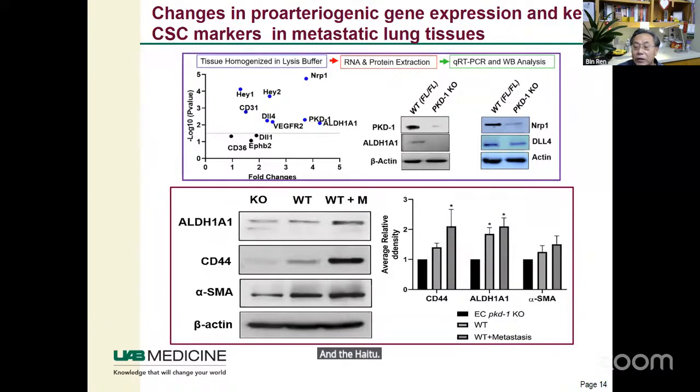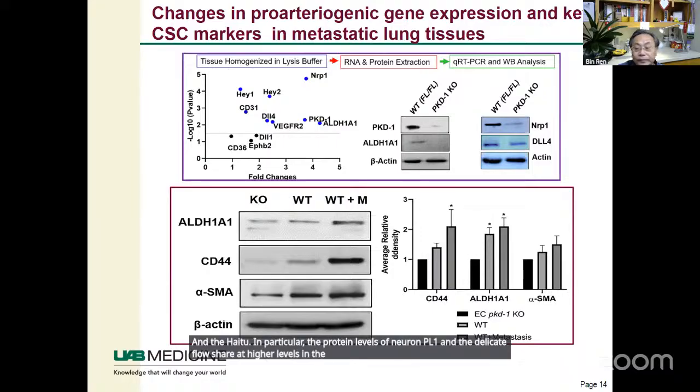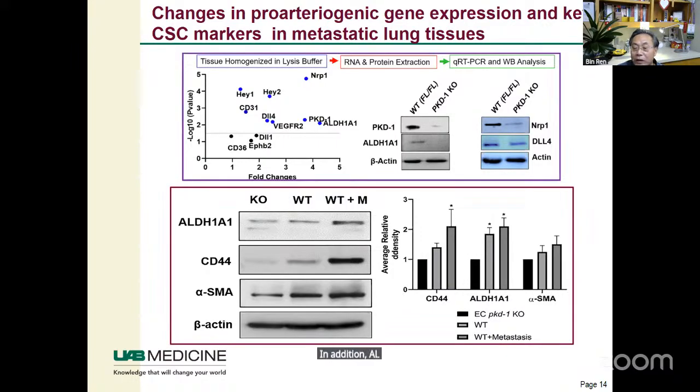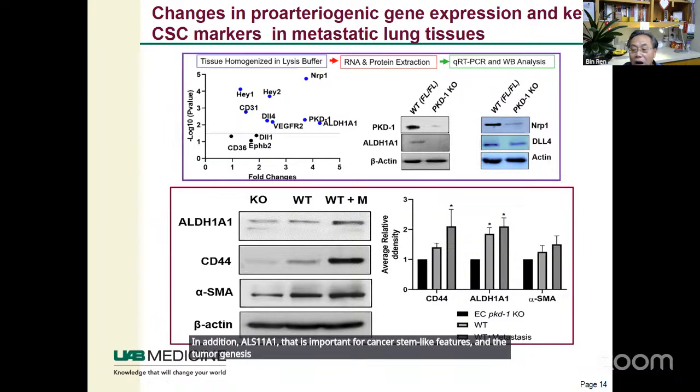In particular, the protein levels of neuropilin-1 and delta-like ligand 4 show high levels in the metastatic lungs. In addition, ALDH1A1 that is important for cancer stem-like features and the tumor angiogenesis demonstrates a high expression at both the transcriptional and the translational levels in the lungs with metastatic lesions.